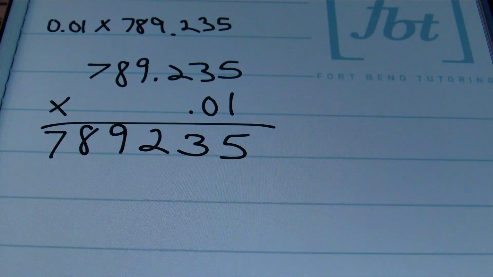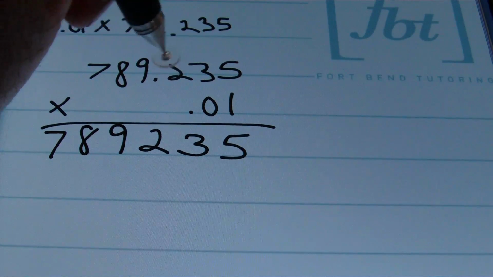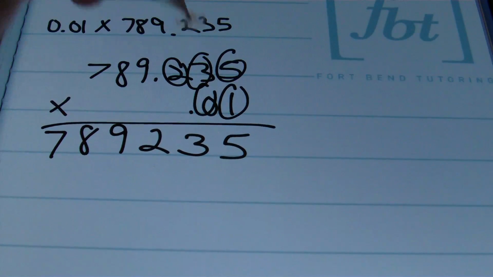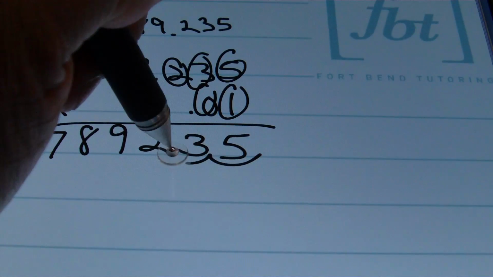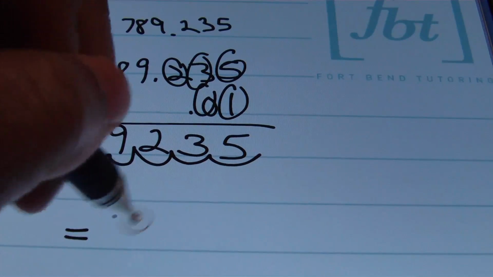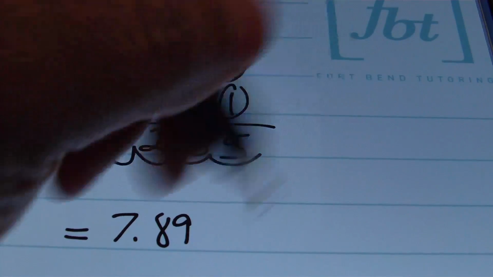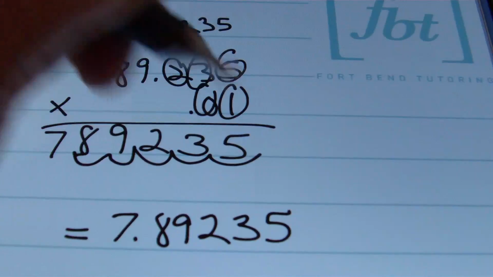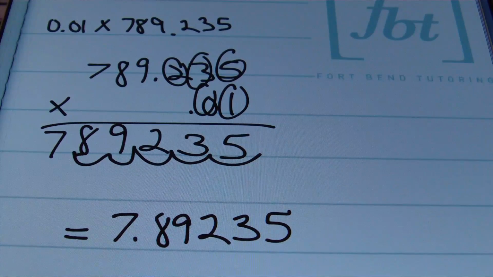All right, how many places do we have behind the decimal? To the right of the decimal, by the way. This is going to be 1, 2, 3, 4, 5 places to the right of the decimal. So I start from the right and I move it over 1, 2, 3, 4, 5 to end up with 7 and 89,235 hundred thousandths, ladies and gentlemen.